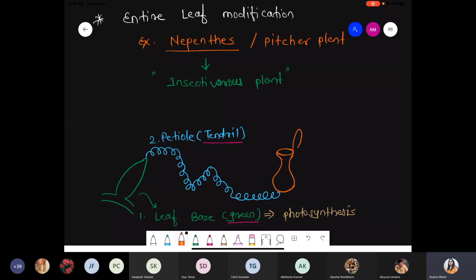And here will be the lid. Okay, so we are talking about this part.